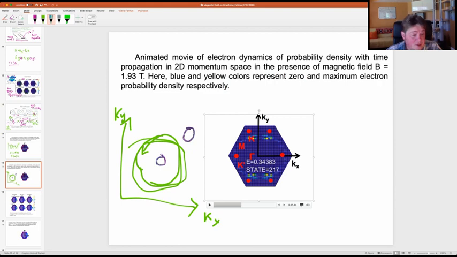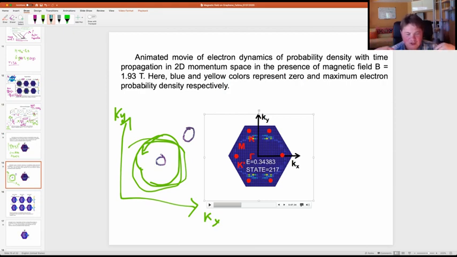Okay. Before we go to the next slide, can you please tell what should we expect in the next slide? The next slide is electron probability density distribution under applied magnetic field. On this slide that we are watching right now, it is also electron density distribution under applied magnetic field.